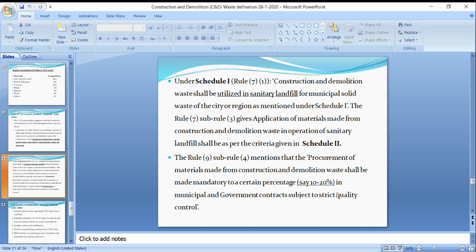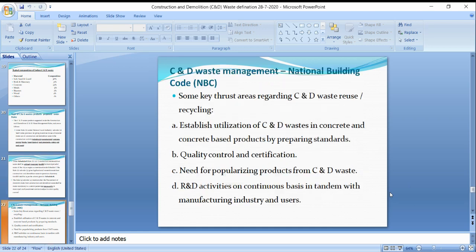Some of the materials, 10 to 20%, can be procured in municipal and government contracts, subjected to strict quality control. At the time of procurement they have to follow strict rules for quality maintenance.